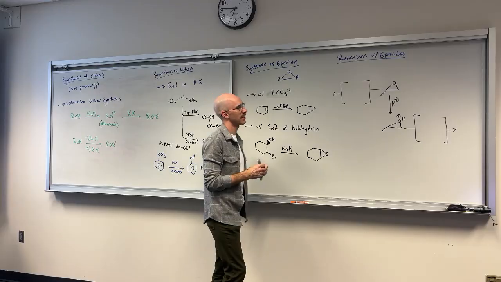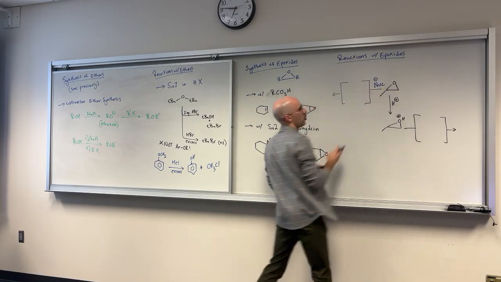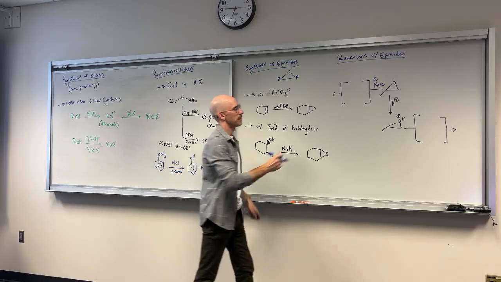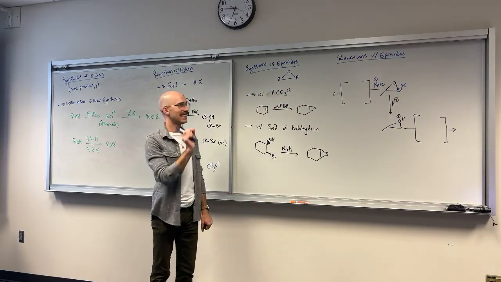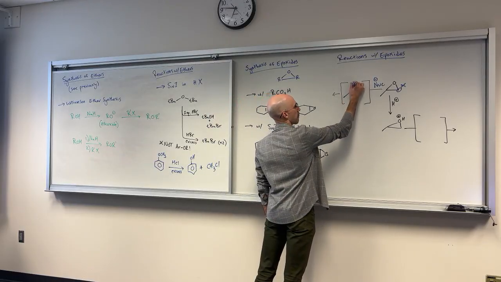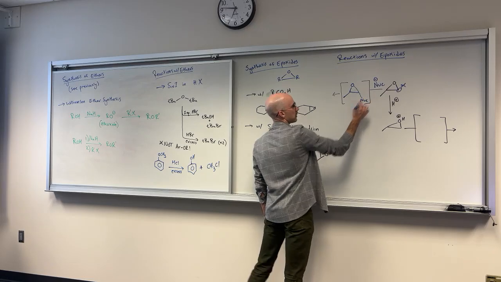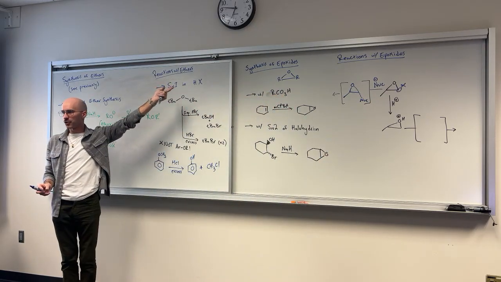In basic conditions, if I have a nucleophile like nuc minus, I will always attack at the less substituted position. That's going to give me this intermediate. That should feel like SN2.